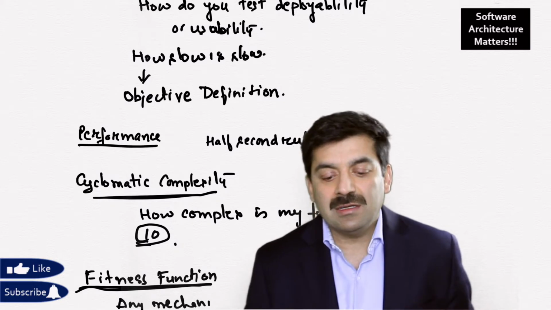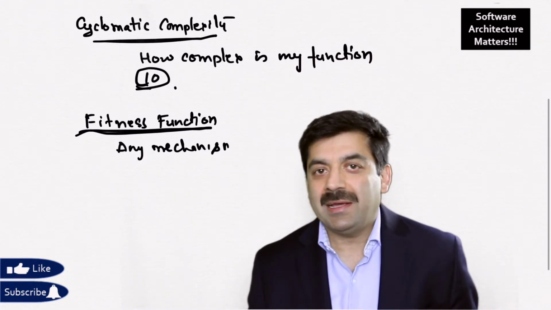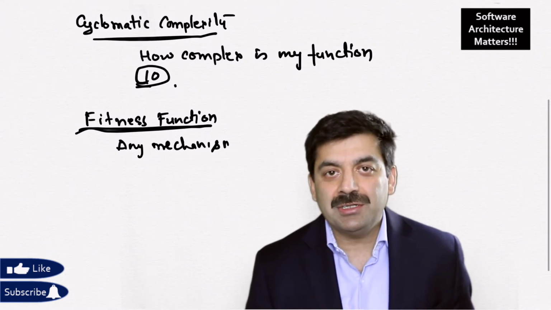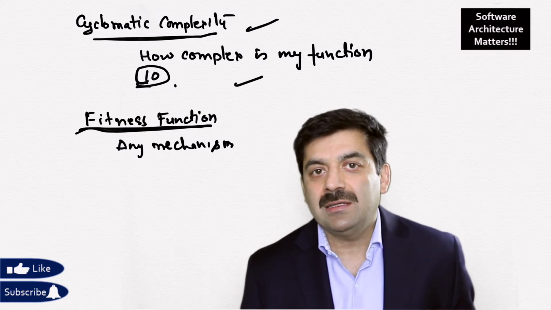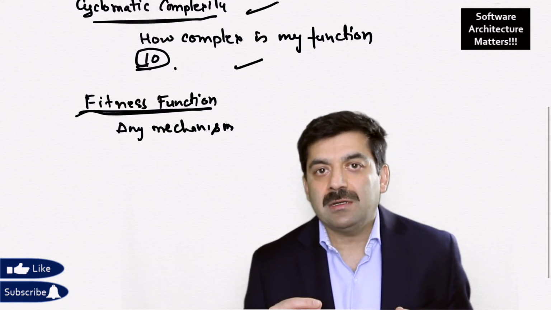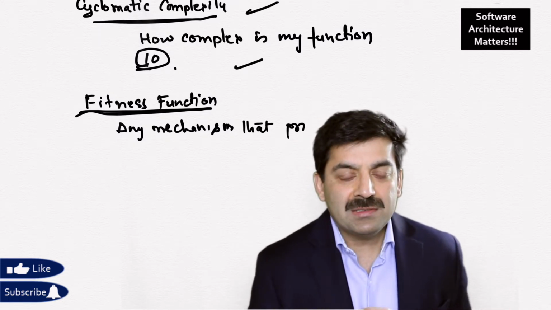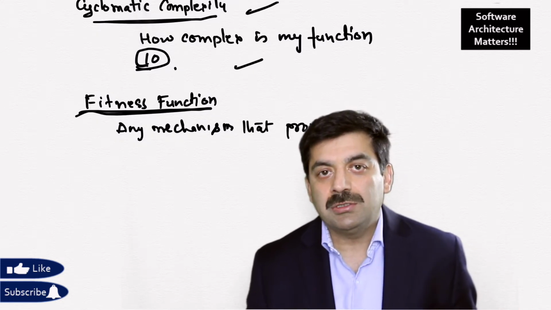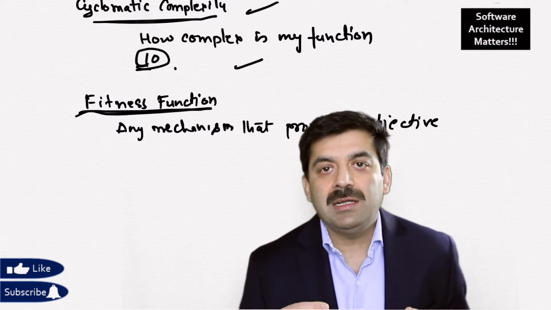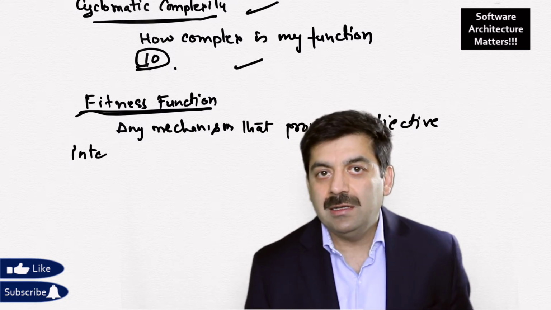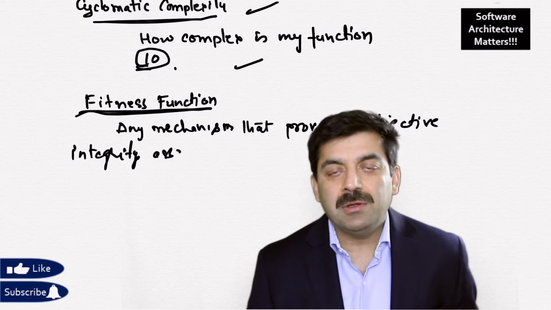Fitness function came from Neal and Rebecca's book on evolutionary architecture. A fitness function is where you objectively assess the application architecture characteristics. For example, performance: the page load should not take more than half a second. You build this fitness function into your daily build, or you monitor your application in production.